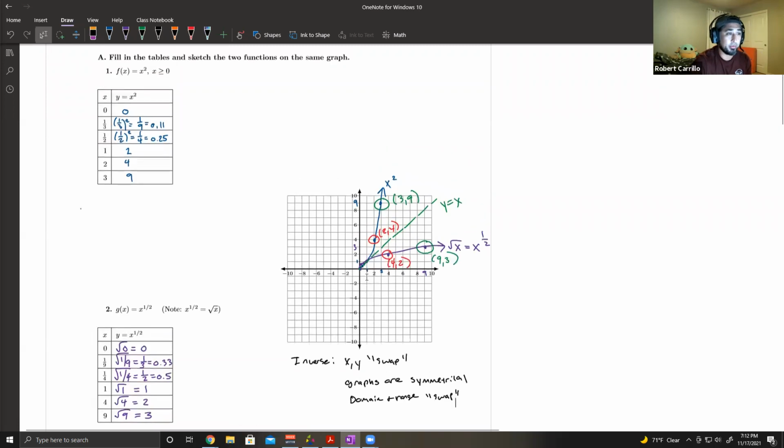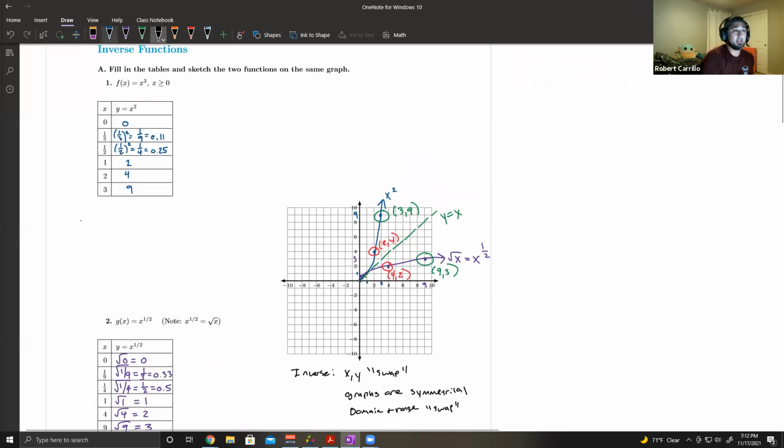So I guess before I move from this page, let's look at the domain and range of the first function. They're giving us the domain already. So this domain would be x greater than or equal to 0. And the range, well, this function can only start at 0 based on our graph.